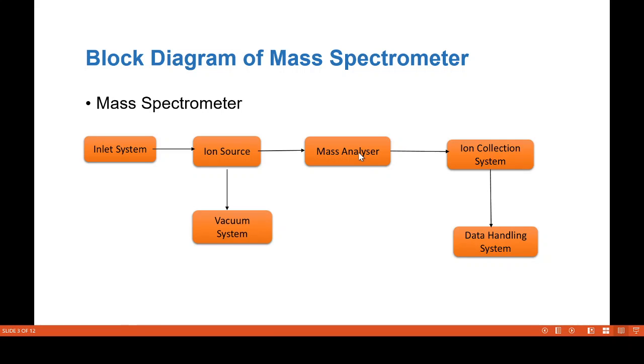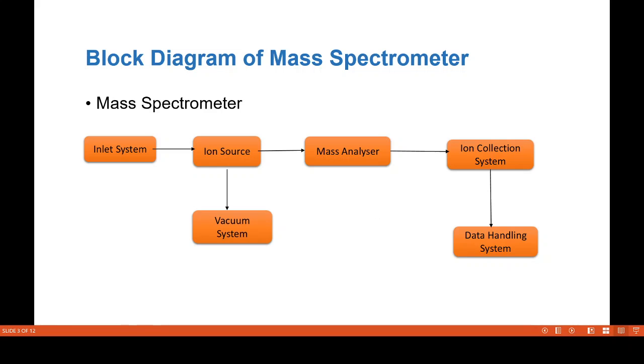In this mass analyzer, the ions are separated according to their charge to mass ratio. Then those ions are collected into the ion collection system. And finally, all the results are recorded into the data handling system. Okay, this is the block diagram of mass spectrometer.